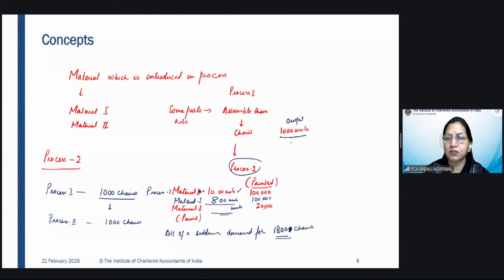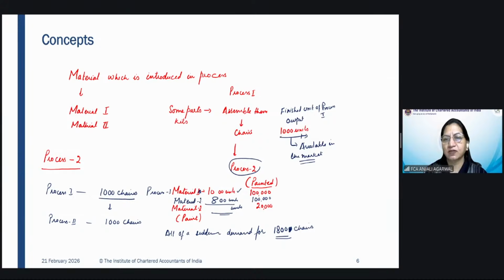If it is also available in the market in this form, so the output of process two is also available in the market, which means the finished unit of process one is transferred to process two, but it is also available in the market in this condition.